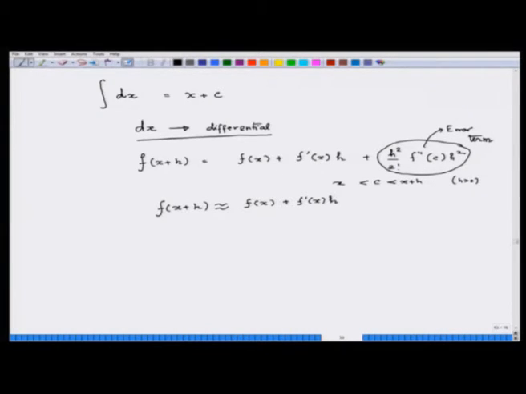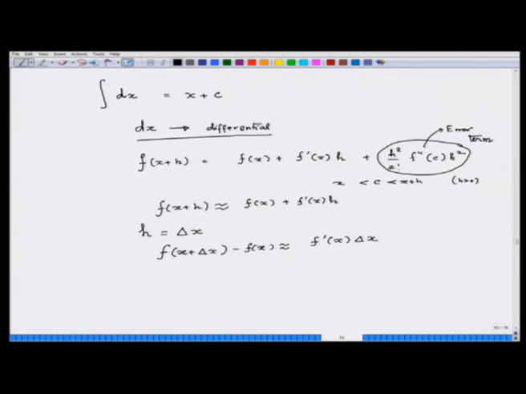Physicists have a habit of writing h as delta x. So, what we can write is f of x plus delta x minus f of x is almost the same as the derivative f dash x into delta x.